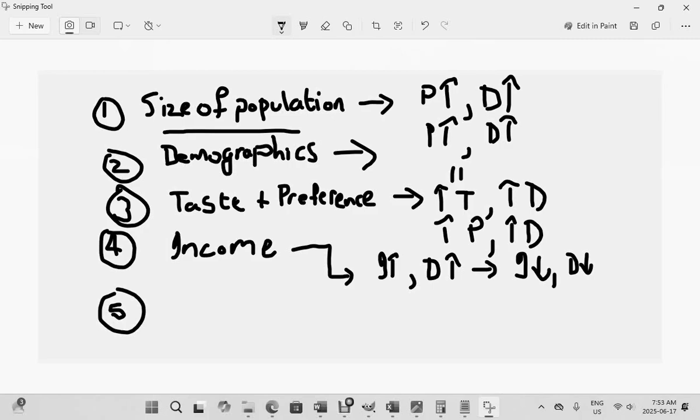Now, apart from income, you also have things like substitute and complementary goods. So we're talking about similar goods, especially true in an oligopoly, such as your substitutes and complementary goods.